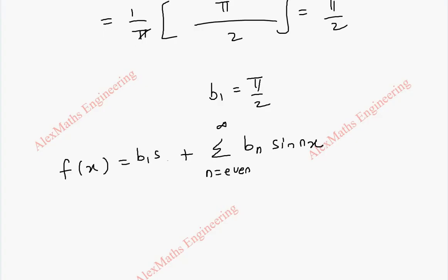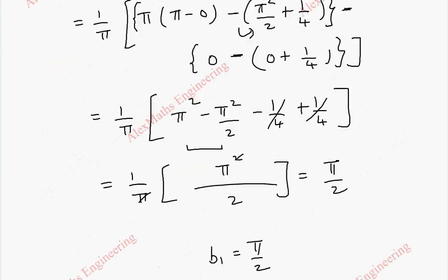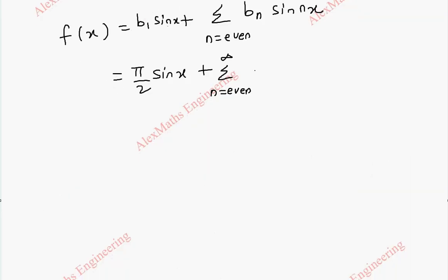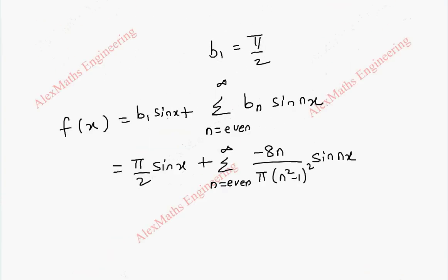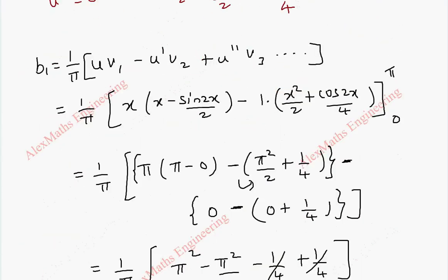So B1 sine x, where B1 is pi by 2, so we have pi by 2 sine x plus summation n is even till infinity. Bn, we have minus 8n by pi into n square minus 1 whole square, into sine nx.